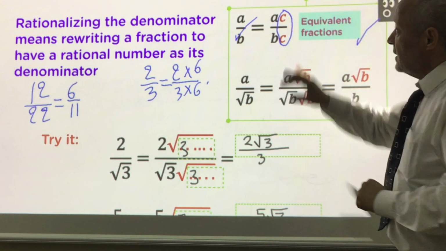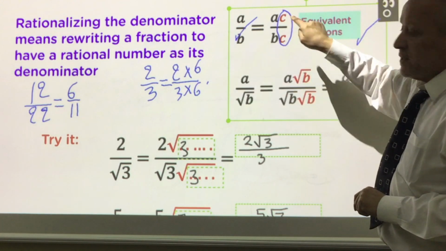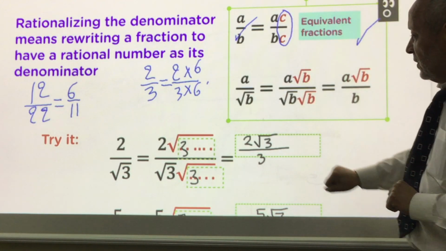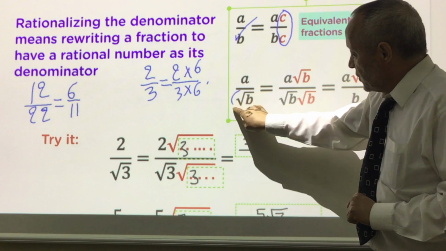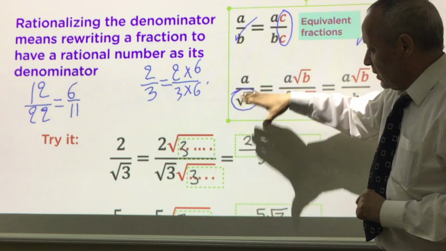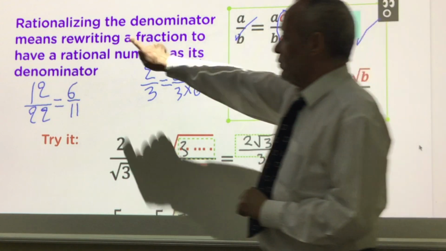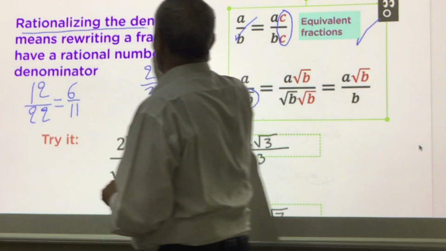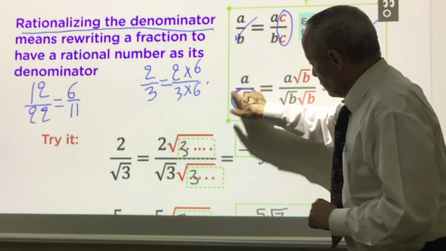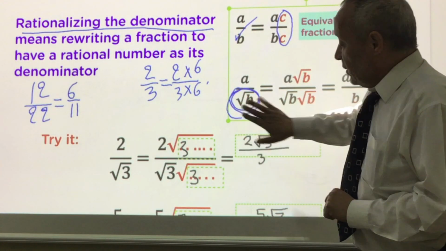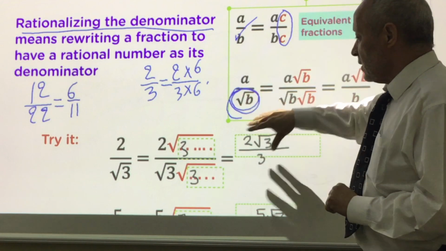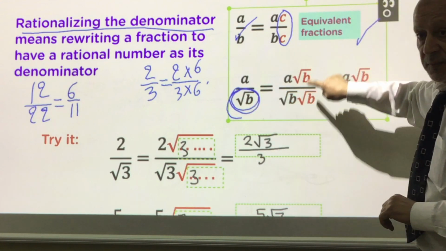But in this lesson, we're going to use this property to simplify a fraction with irrational number in the denominator. We're going to do what we call rationalizing the denominator. This is what we call a denominator. If there is irrational number, we can eliminate it by using this fact.